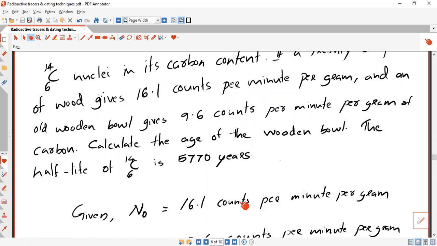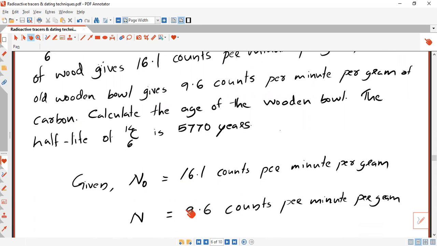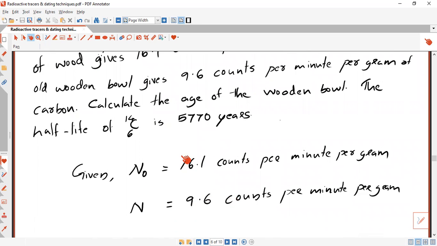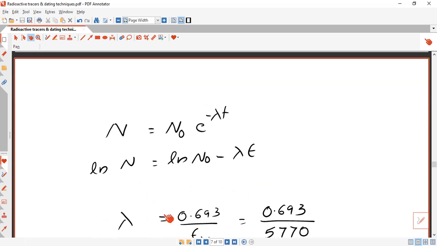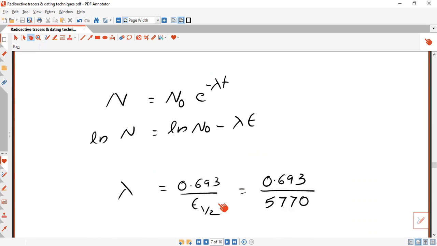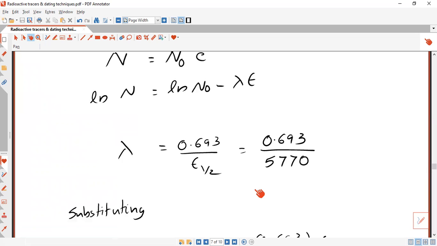Then how can you calculate? N0 is 16.1, N is 9.6, and the half-life period is given. So N is equal to N0 e raised to minus lambda T, ln N is equal to ln N0 minus lambda T. Our aim is to find the value of T. Lambda is equal to 0.693 by T half, which is 0.693 by 5,770.